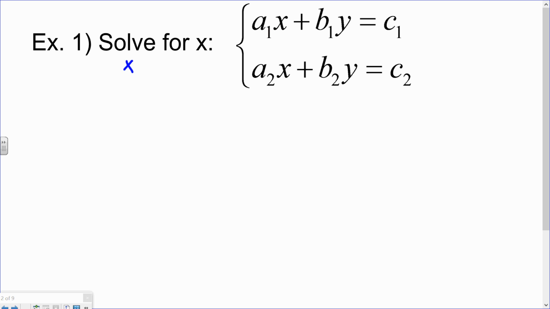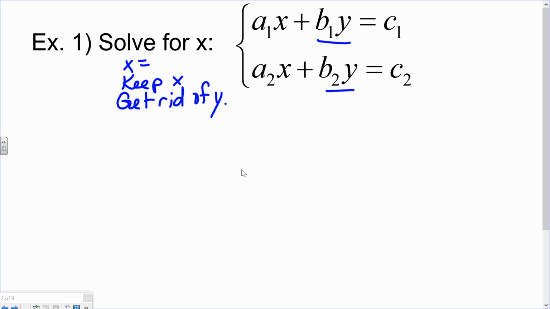That means I want to end up, when I've solved my system, with x equals something. So if I do elimination, I want to keep x in there. I want to be able to see the x as I go through my work. That means get rid of y. So I'm going to look at b1y and b2y.